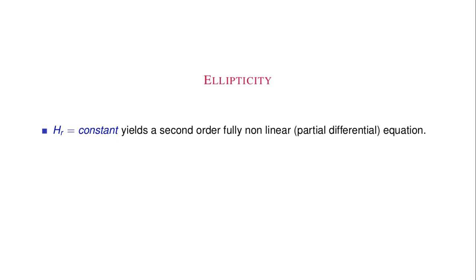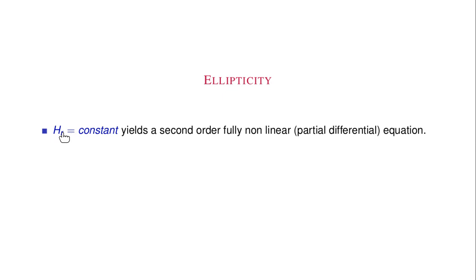In fact, what I mean is that in general, if you put H_r equal to a constant, you get a second order fully nonlinear partial differential equation. I am not very precise here, but you can think, for example, of writing your hypersurface as a graph over the tangent space. Then you have a function, and the function satisfies a second order fully nonlinear partial differential equation.